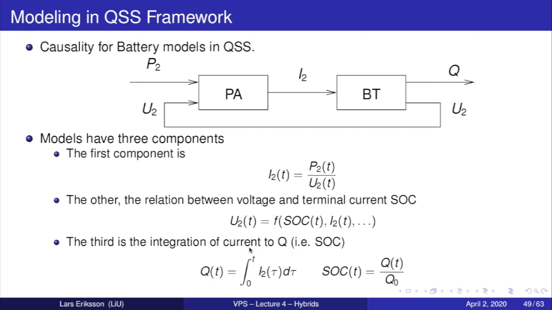And the third is the integration of the current, so that we're integrating this current to get Q as we do here. So finally the state of charge is related to the total amount of charge that we have in the battery in relation to the current amount of charge that we have. So the more charge we have, the higher SOC. We max out so that SOC is equal to 1 if we are fully charged, so this represents a fully charged battery.